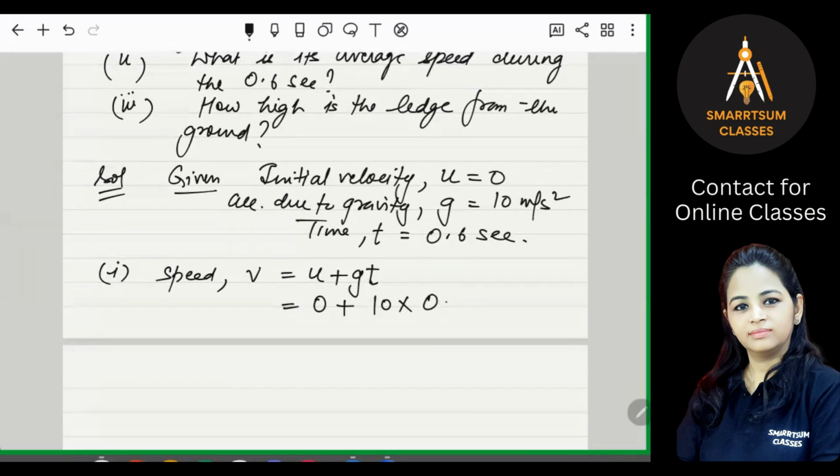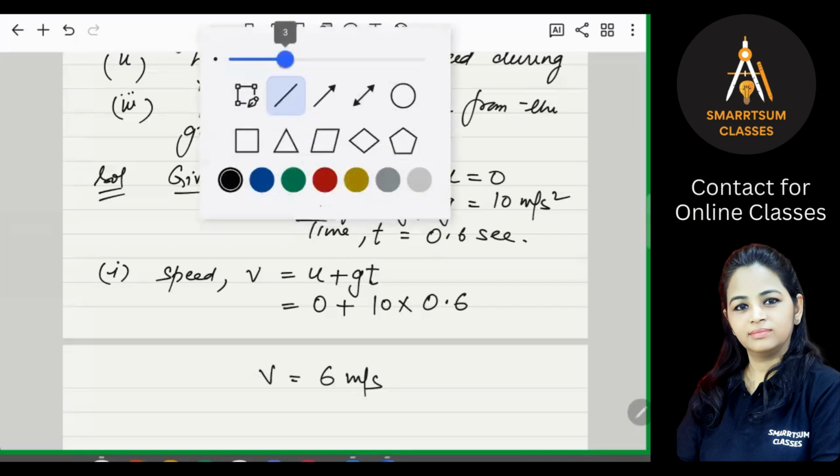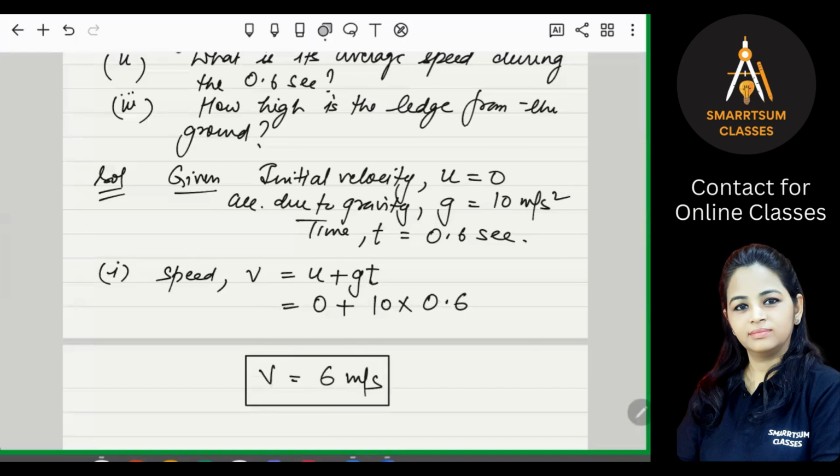Please remember, whenever you are putting the values in the formula, please check their SI units. If they are not in their SI units, first convert them and then write the values. So now v will be 6 meter per second. So what will be the final velocity of the car when it hit the ground? That is 6 meter per second. So what we have done is use the equation of motion to find this.